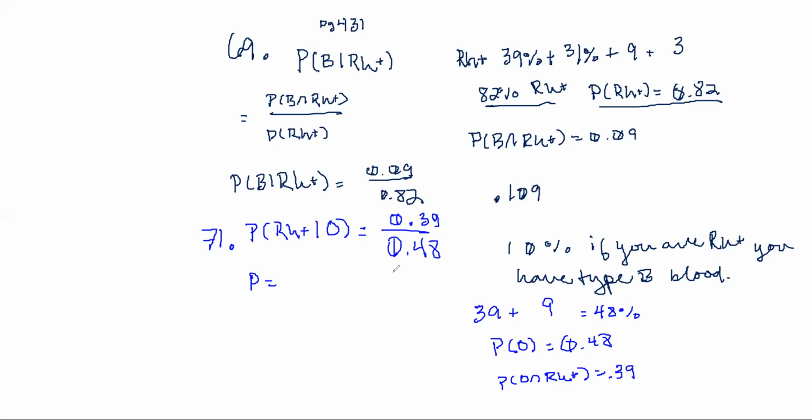Same process, divide it out, and we're going to get 0.81. So there's an 81% chance that if you're blood type O, you'll also be Rh positive, which means most people who are O are positive, which makes sense given the data that we have.